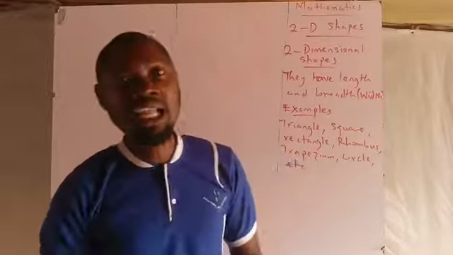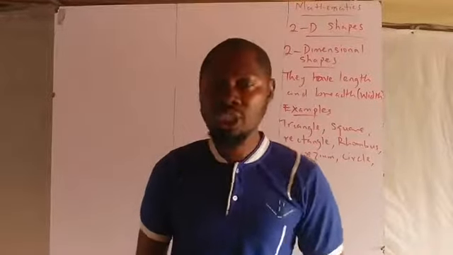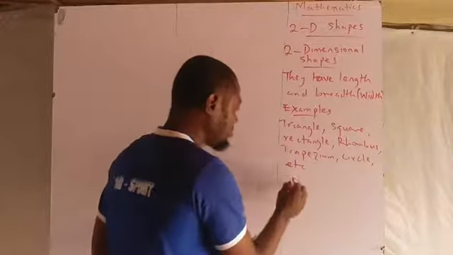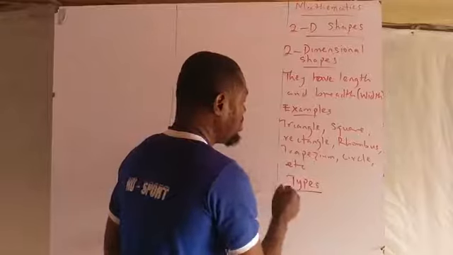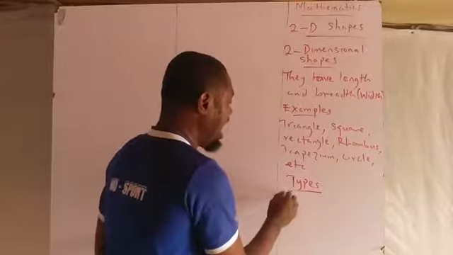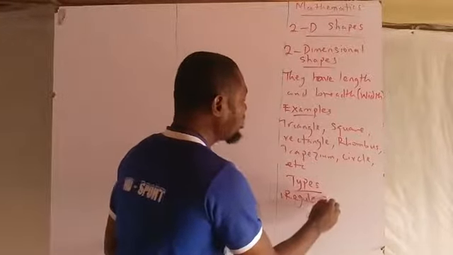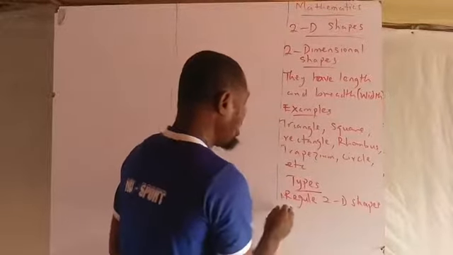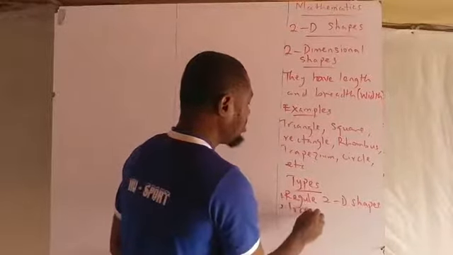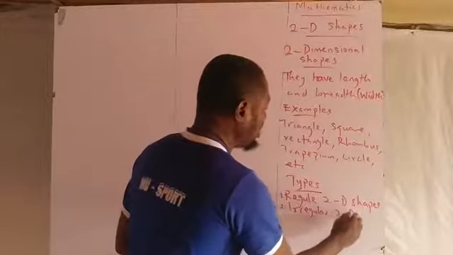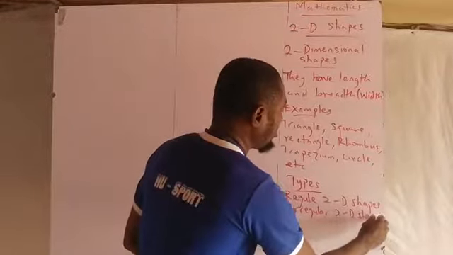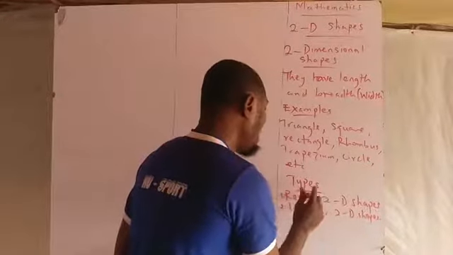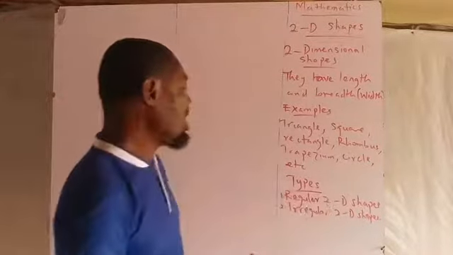Quickly, we want to look at the types of two-dimensional shapes. We have regular 2D shapes, and we have irregular 2D shapes.